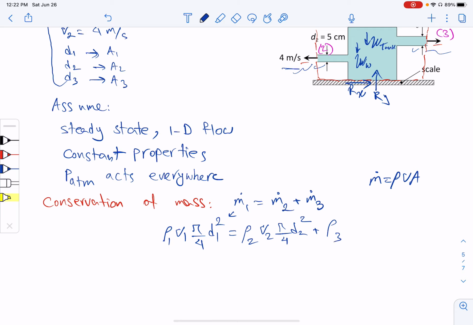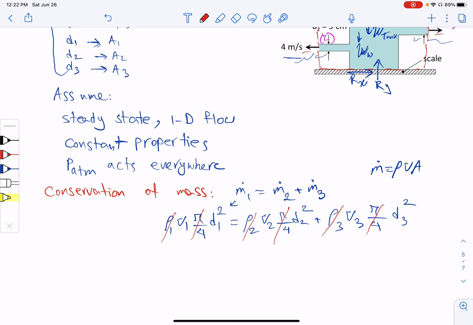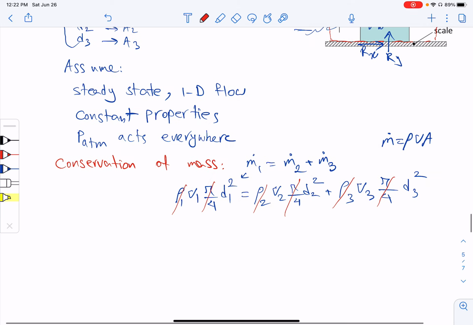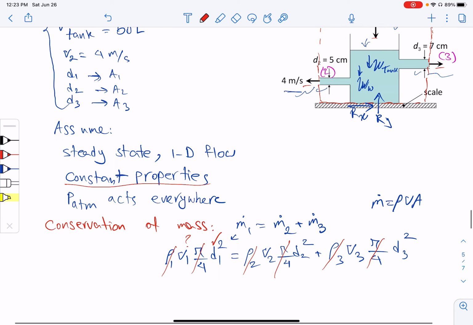And then we have m dot 3, which is rho 3 V3 times pi over 4 D3 squared. So the pi over 4 is going to be cancelled out, and also the density, because we have the same fluid, so the same density. Also in the assumptions we have constant properties, so they are going to be cancelled out.